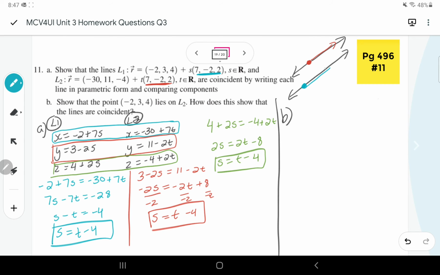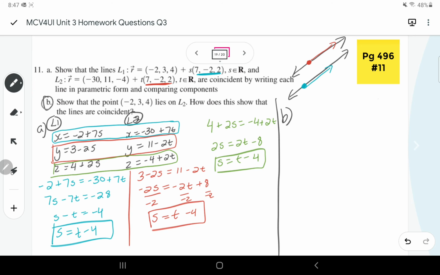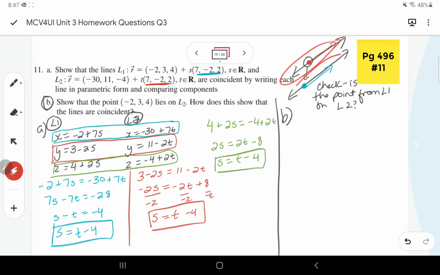Basically, what I prefer for B is to check: is the point from line 1 on line 2? If this point on the red line is also on the blue line, and the red line and the blue line are parallel, then you know that they have to be the same line.